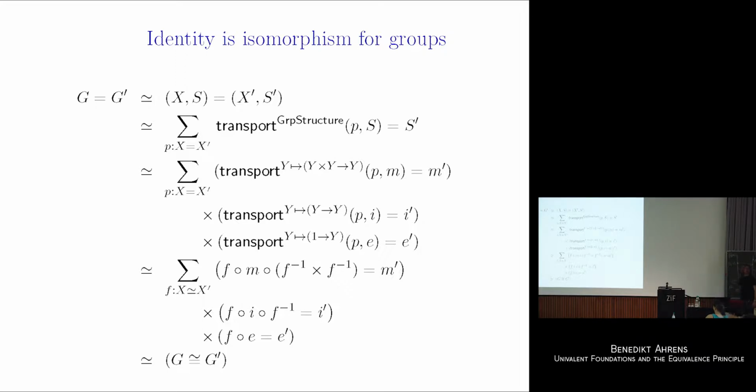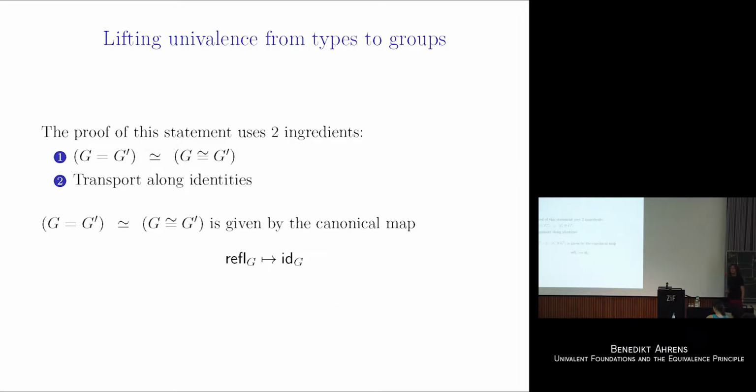Excuse me. Can you show the previous slide for a moment? I don't quite understand. Reflexivity I understand, and this identity, what is it exactly? This is the identity homomorphism on G. So the identity group homomorphism.